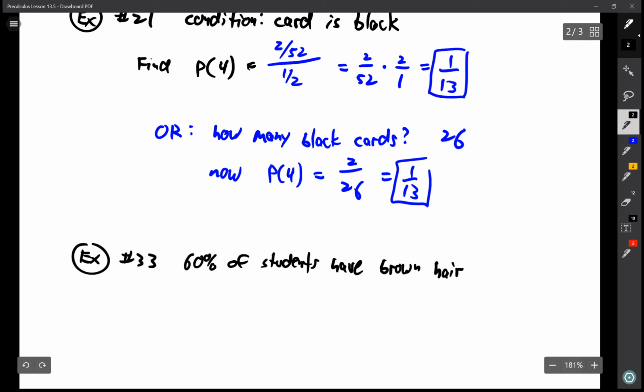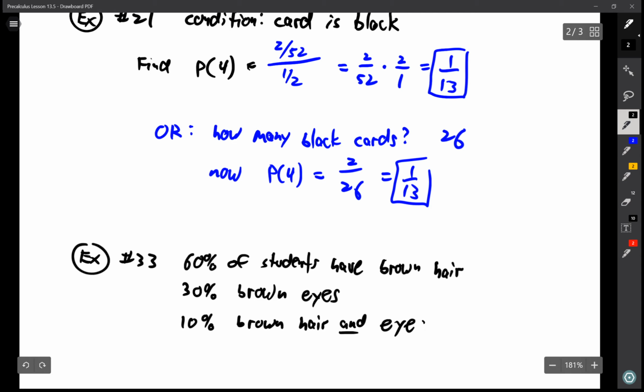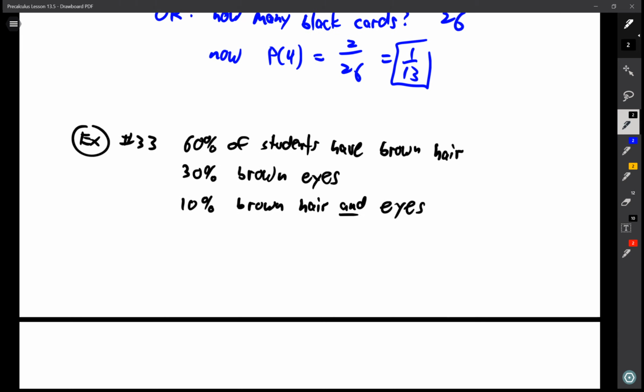Okay, what else are we told? 30% have brown eyes. And 10% have both brown hair and eyes. Okay, so that's what we know.